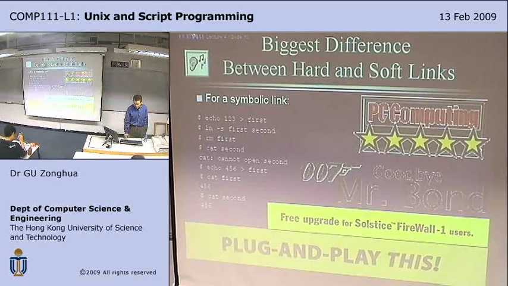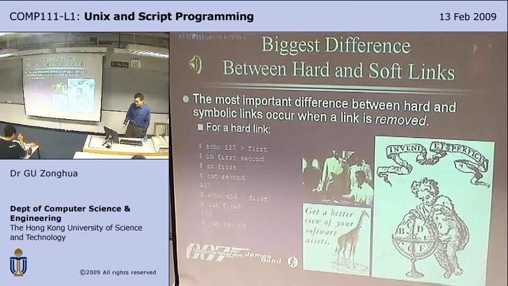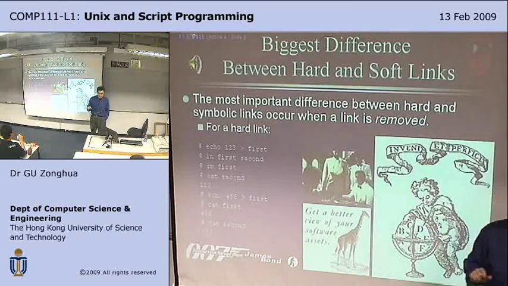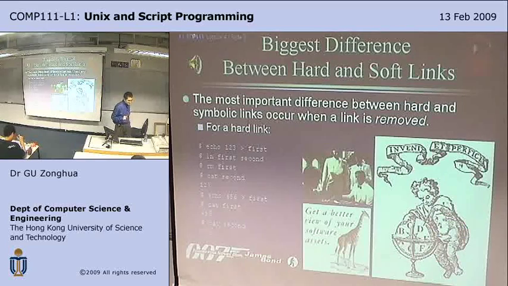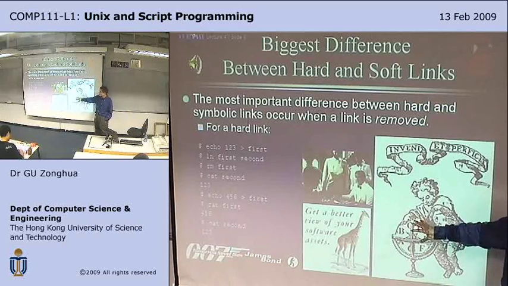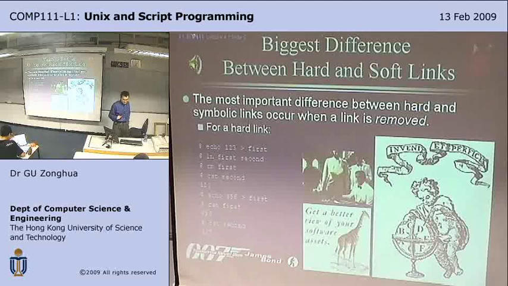Compare this to a hard link. In this case, both first and second are symmetric. So even if you remove first, second is still a valid link to the file. And later if we create first again, it's a different file.